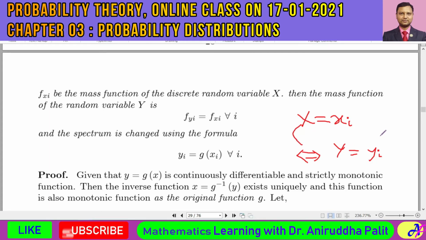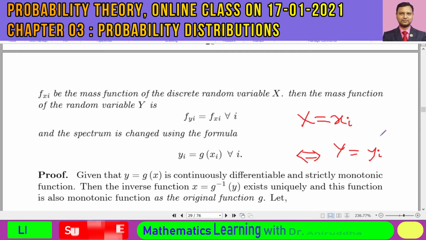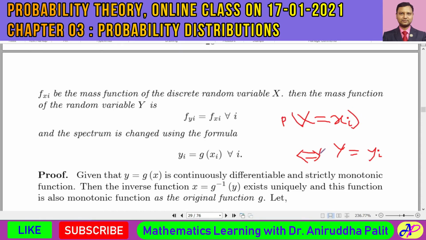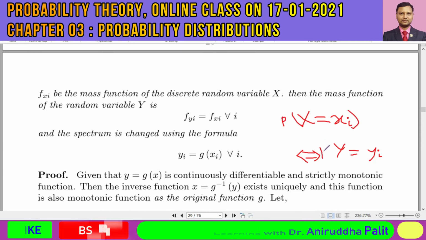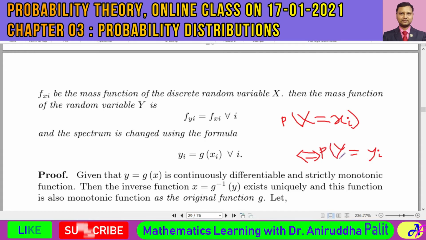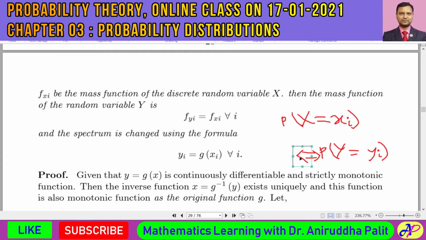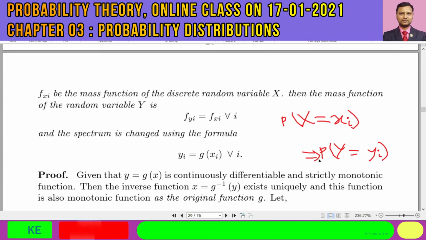Got it? So we can say that the probabilities of these two events must be the same. Probability of this event and probability of this event must be the same. Got it? So let me remove these symbols over here.